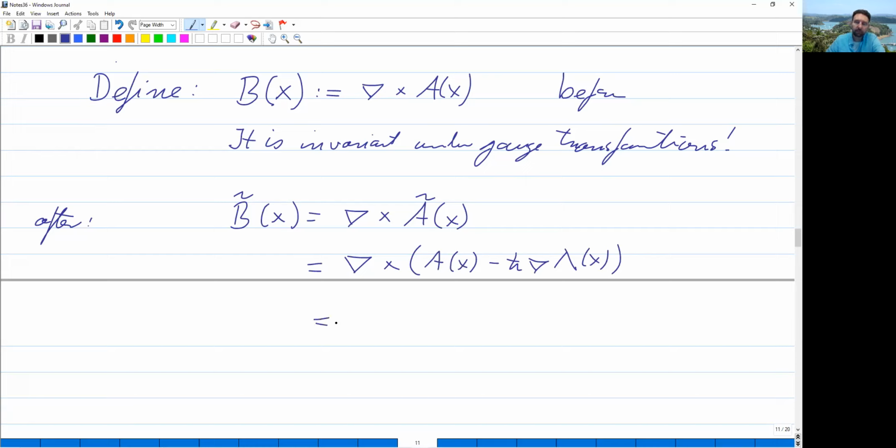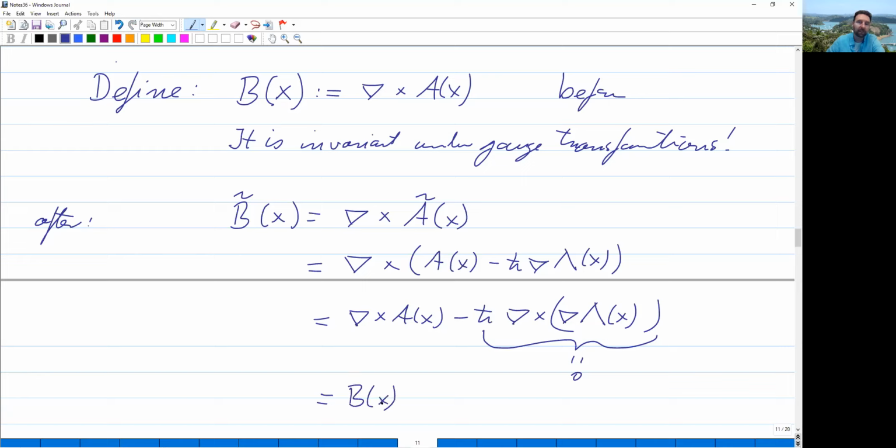So therefore, this is what? This is the curl of A of x minus h bar, the curl of the gradient, right? But this, as we said, is equal to 0. So therefore, this is just the curl of A of x, which is the original B of x.